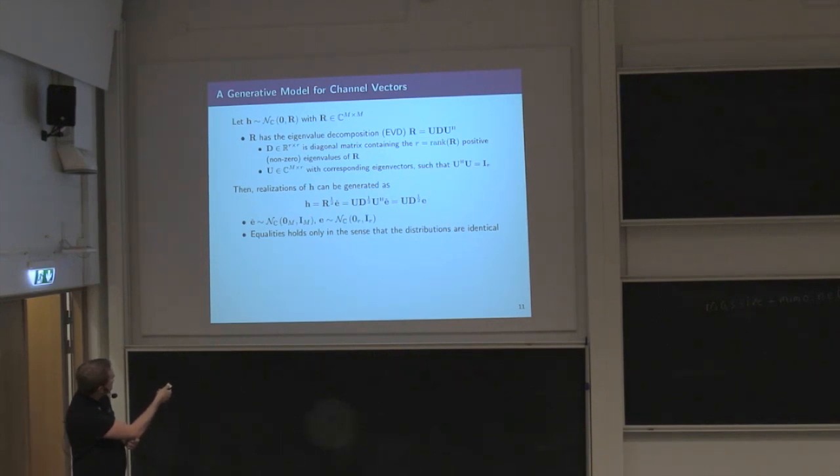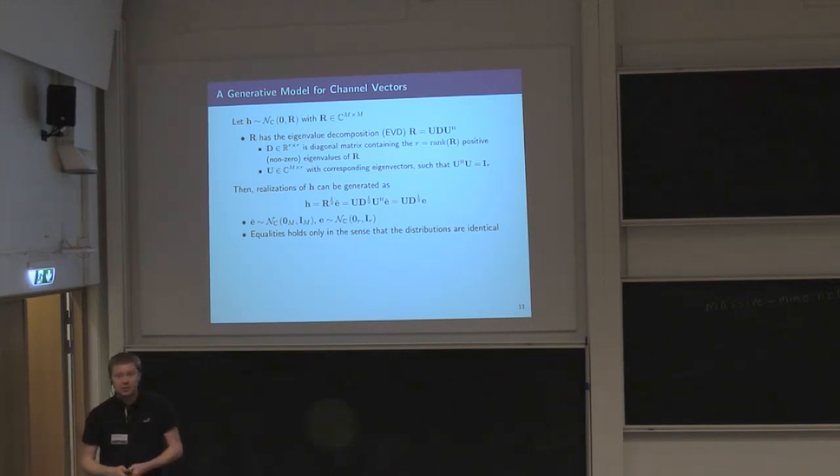So this U Hermitian e hat will be complex Gaussian as well, but with zero mean and identity matrix of size R, a smaller dimension. So essentially, in order to generate something like this, you just take a complex Gaussian distributed vector with IID elements with the rank of your covariance matrix, scale it with the respective square root of the eigenvalues, and then multiply it with the eigenvectors, and then you have generated it. So this is the way to do this if you would like to do it in MATLAB, for example.